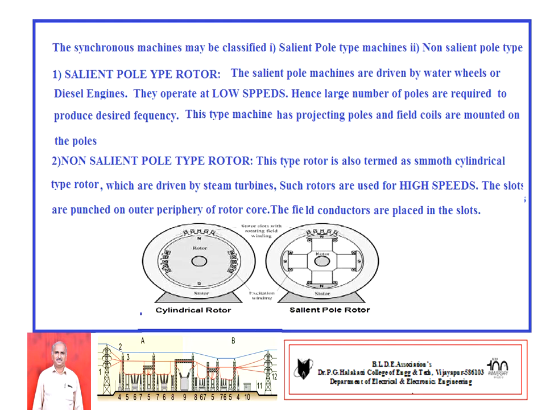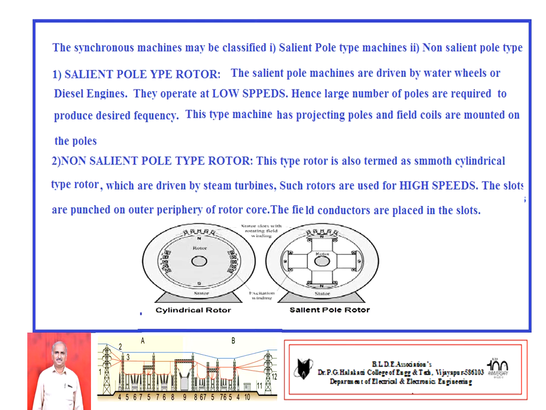If field poles are projected, such a type of rotor is known as a salient pole type of rotor. Field poles are fixed to the rotor core by mechanical arrangement. Hence, such an arrangement has weak construction. These are mainly used in hydroelectric power stations. And on the opposite side, the non-salient pole type of rotor.